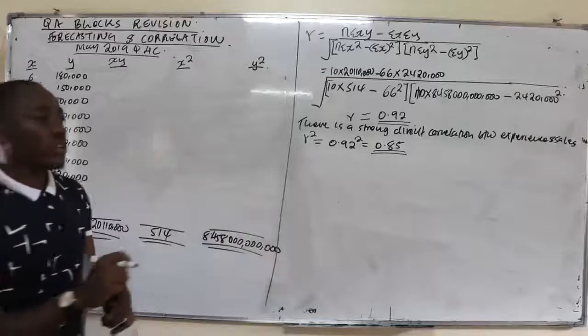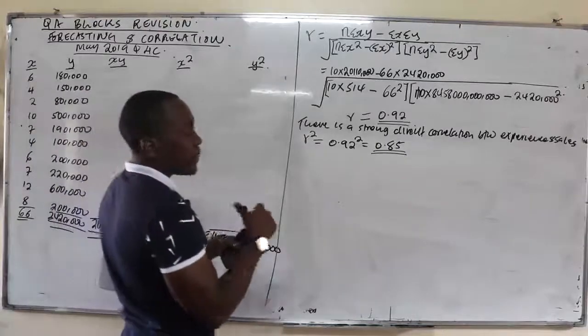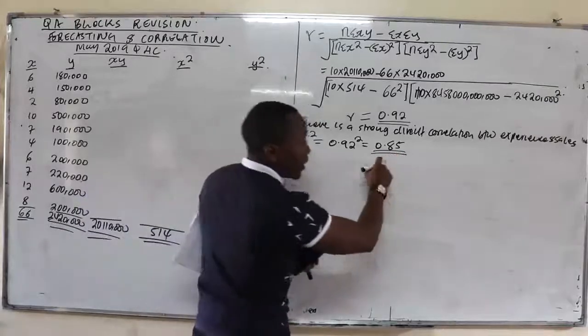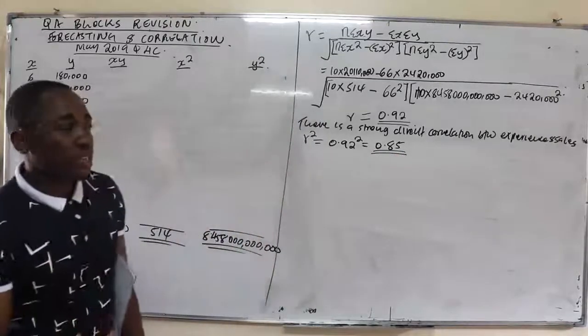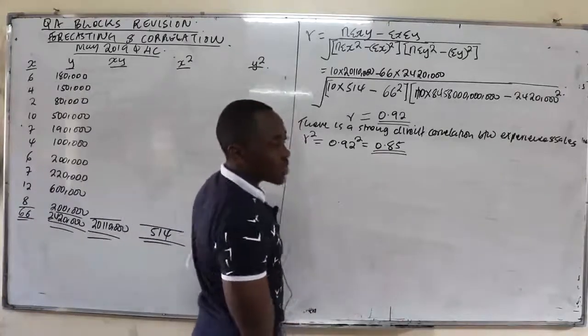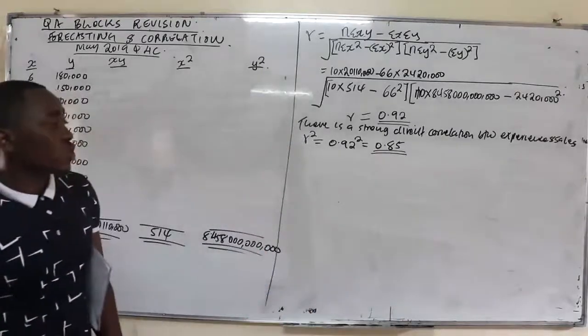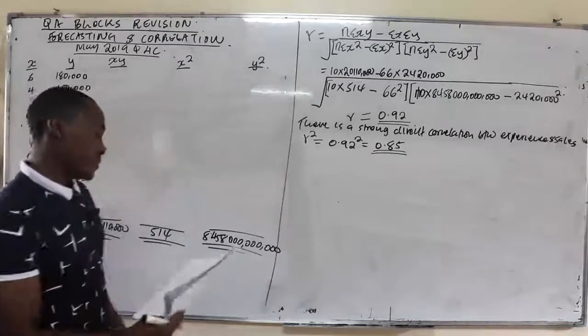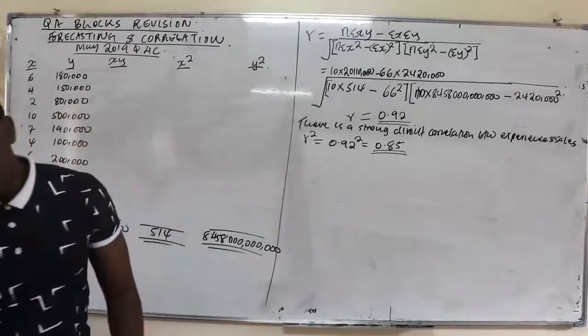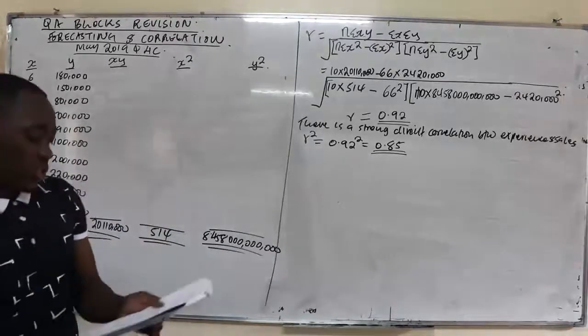We say that it shows how the dependent variable is explained by the independent variable. So in this case, we can say that 85% of the monthly sales are explained by the years of experience, or we are 85% sure that the mean monthly sales are explained by the years of experience. That's when the coefficient of determination is required.